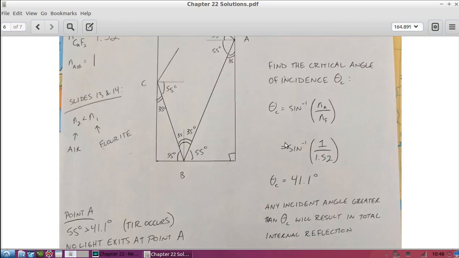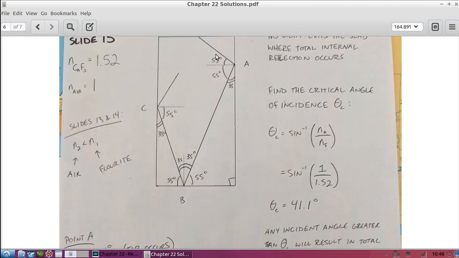Again, you can always go from Snell's law, from scratch. You can say fluorite sine of 55 equals air sine of something, or sine of 90, right? Plug 90 in for your refracted angle, and then you can derive this expression for the critical angle on your own. So air is less than fluorite, so it's going to be air over fluorite, n2 over n1.